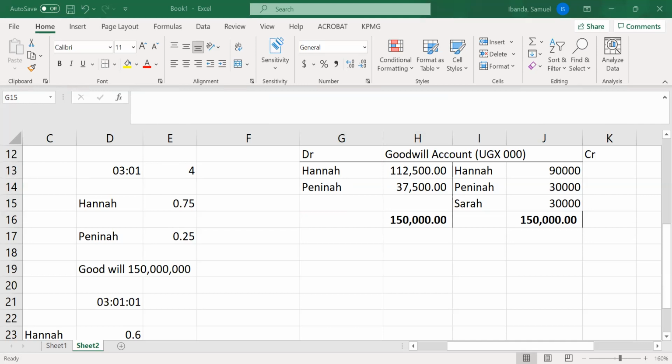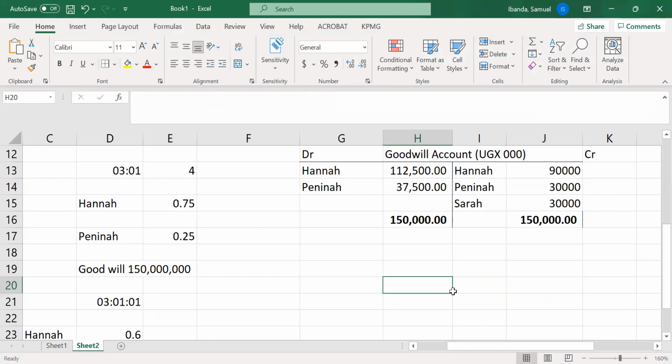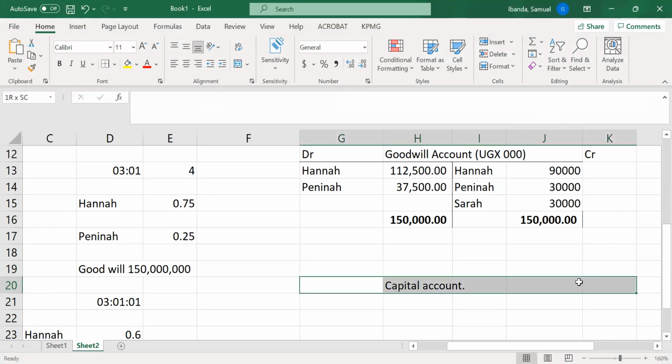Now, I can leave that at that, and then we can try to see how the capital account looks like. You can see here goodwill was given 2 marks. So let's see how the capital account would look like in this case. Remember, there was a contribution of capital by the new partner, and even the old partners also had previous capital balances.